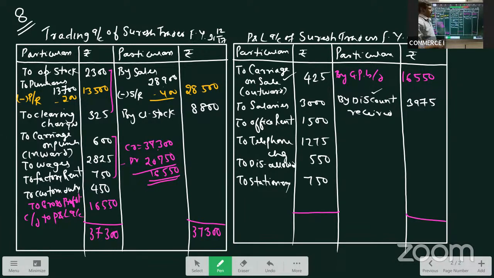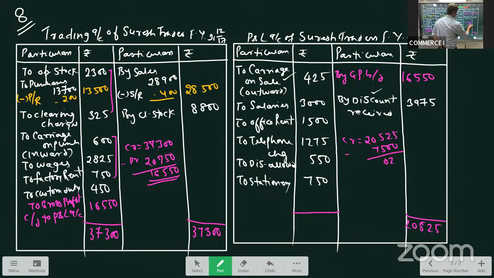The total on the credit side is 20,525. And on the debit side, the expenses add up to 7,500.